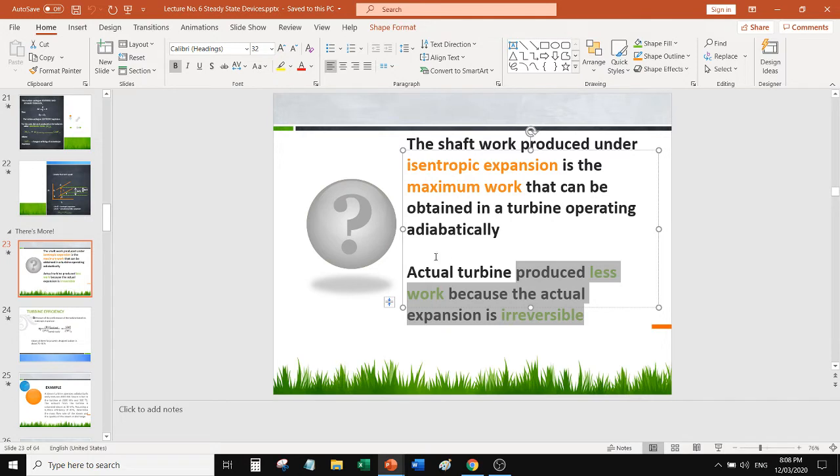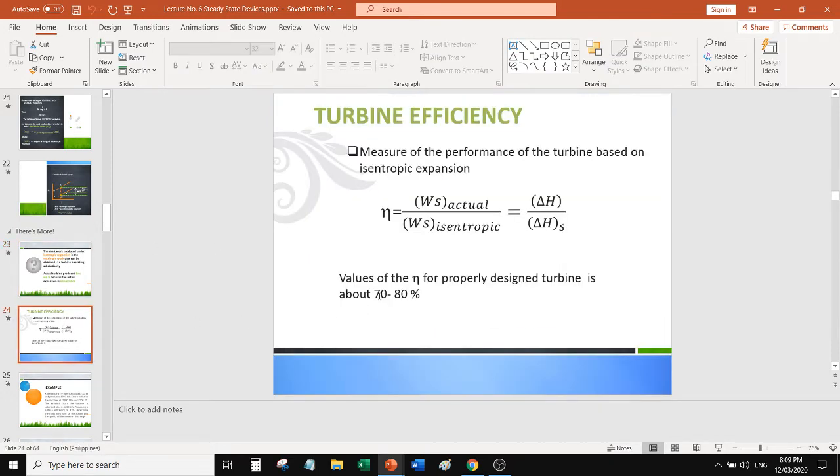Because of these irreversibilities, such as friction and losses, the actual work produced by the turbine is less than the isentropic work. That is where turbine efficiency comes in.